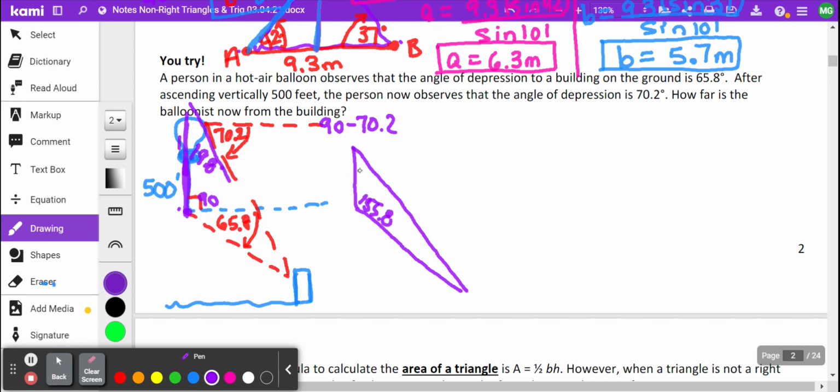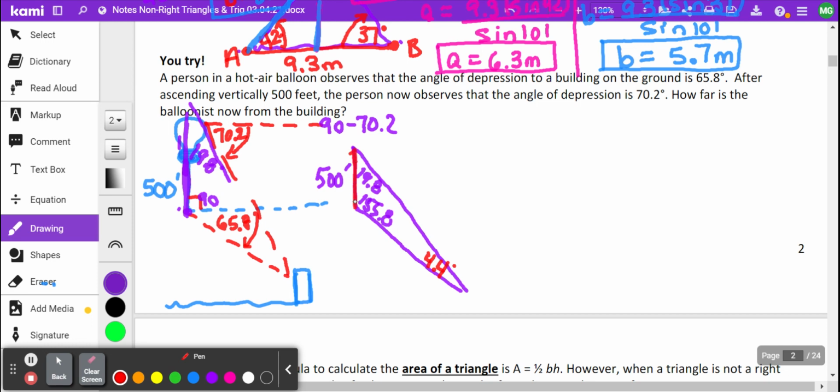We also had the angle up here, which was 19.8, and this side, which was 500 feet. So what we can do right now is 180 minus 155.8 minus 19.8, and we find that this angle down here is 4.4 degrees.